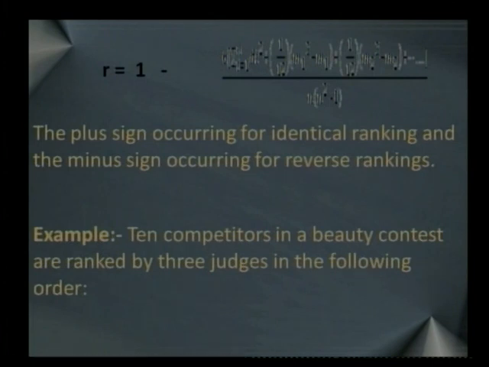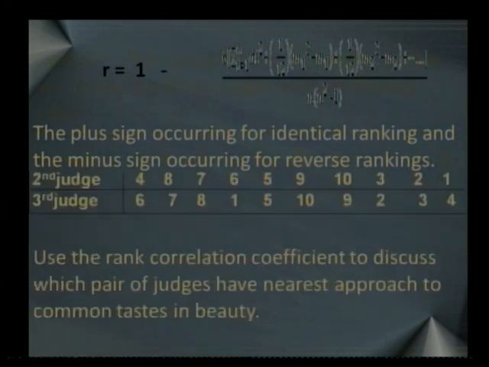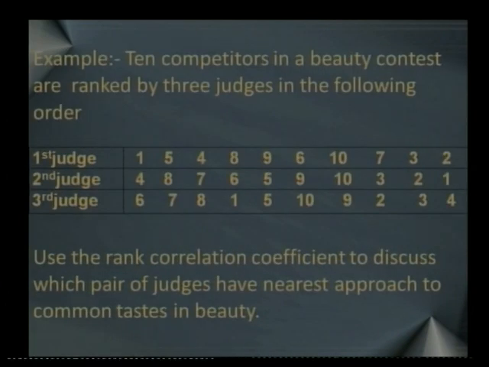There is a competition with 10 competitors in a beauty contest, and they are ranked by 3 judges in the following order. I want to know which two judges have the nearest approach in this common test.